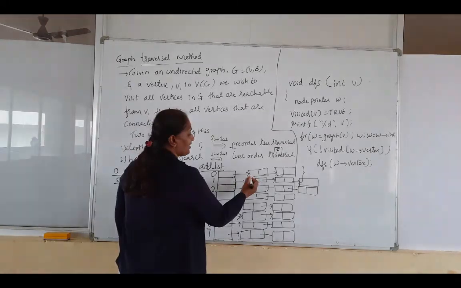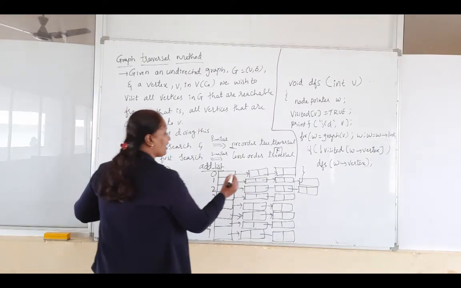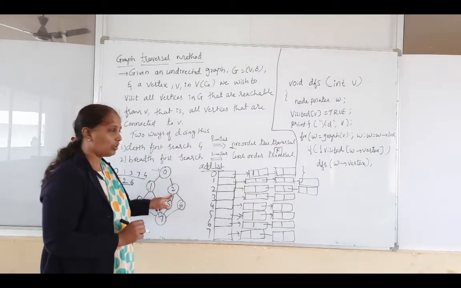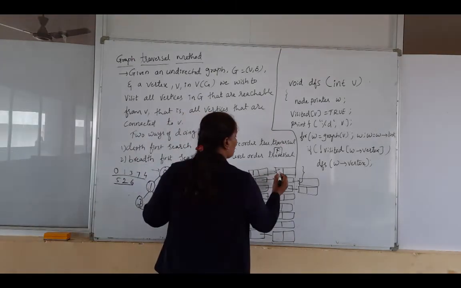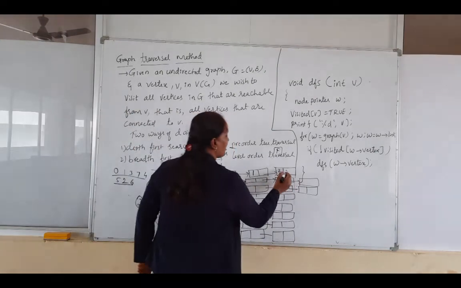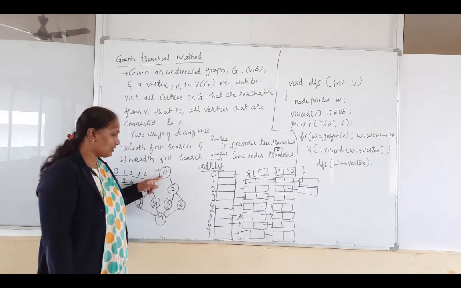So this is an adjacency list. From 0 you can reach 1, so I will write 1 here. Next, from 0 you can reach 2 also, so I will write 2 here. Are any other vertices connected to this? No. So I will write /0 here. This is the adjacency list of vertex 0.